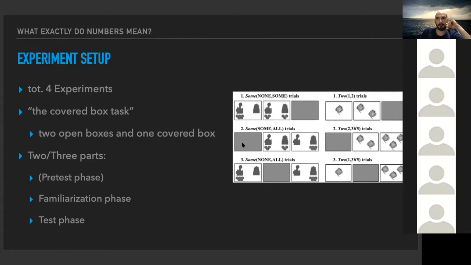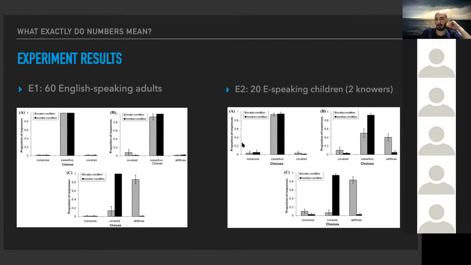All right, on to the results, the very interesting part. So there were the first 2 experiments. We will talk about experiment 1 first. There were 60 English-speaking adults tested. So the gray box here represents the scalar term, and the black box next to it represents the number term. So surprise, surprise, in figure A, we see that 100% of adults chose the box in which Cookie Monster had some of the cookies, and the box in which there were 2 fishes.